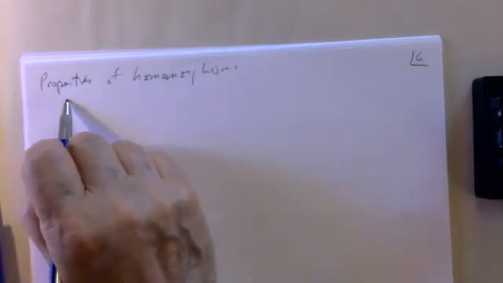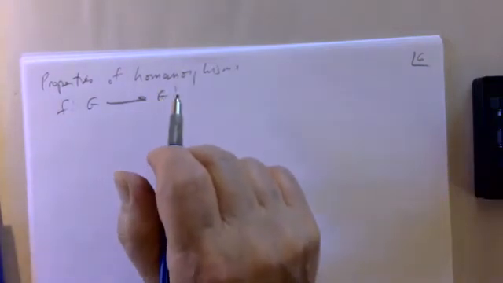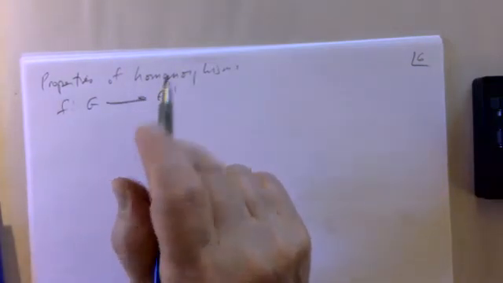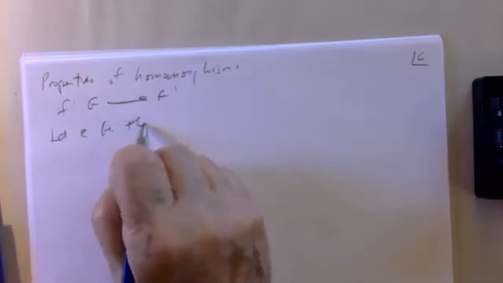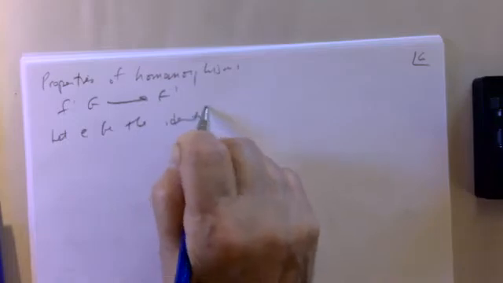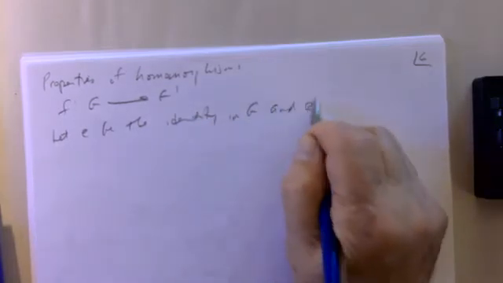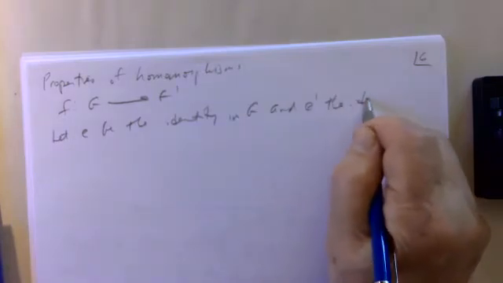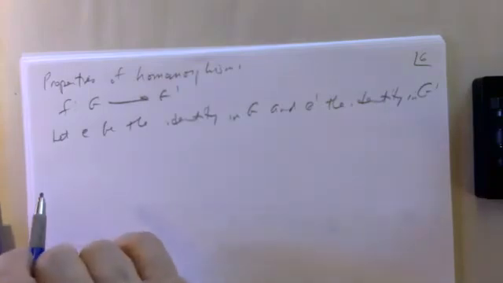Again, we have a homomorphism F from the group G to the group G prime. Suppose we let E be the identity element in G and E prime the identity in G prime.